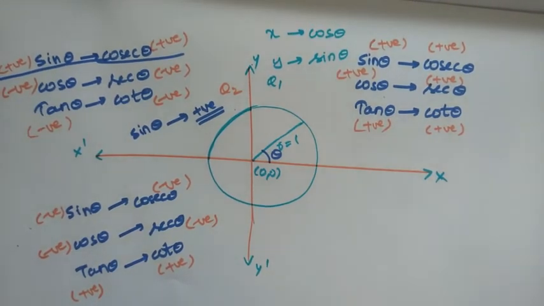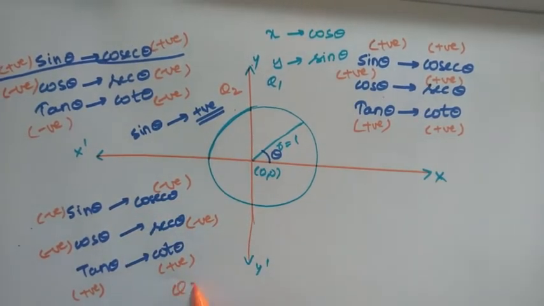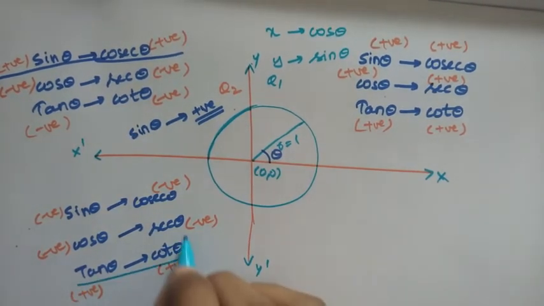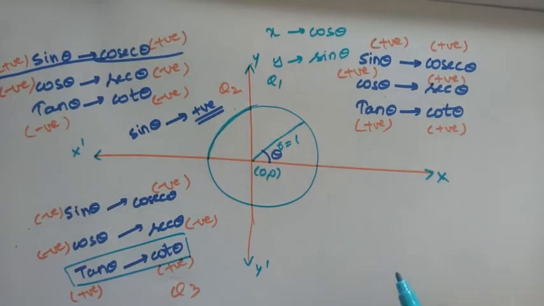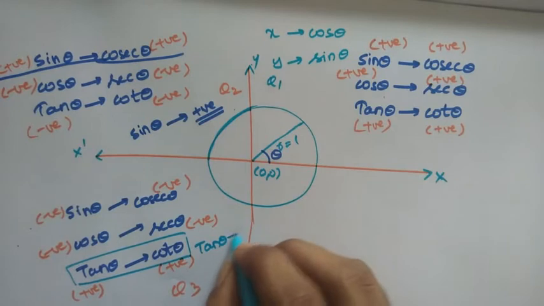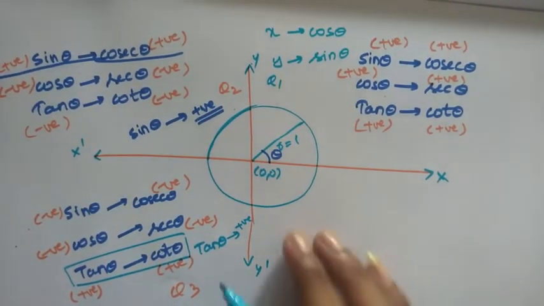Okay. So in this quadrant number 3, we have only tan and its reciprocal as positive. Okay, you can clearly see here. So in this quadrant, tan theta is positive and its reciprocal is also positive. Okay, now coming to quadrant 4.